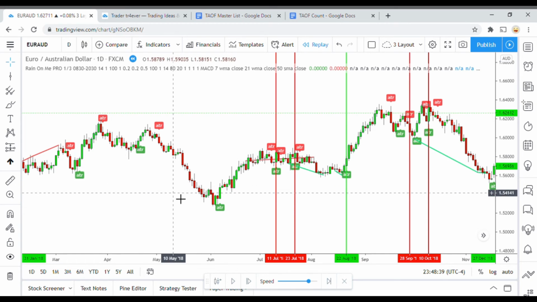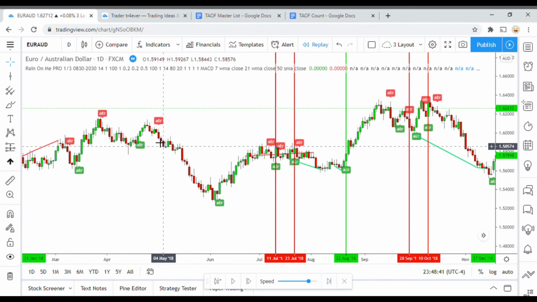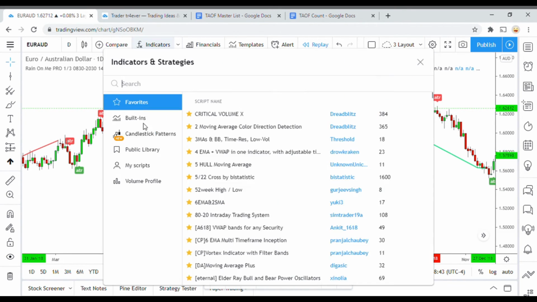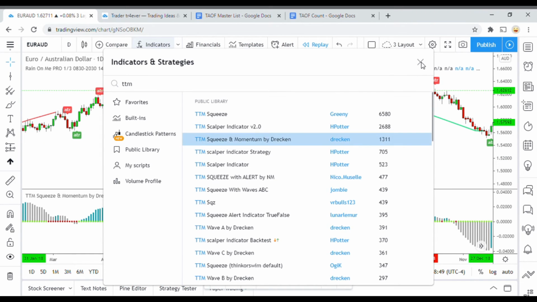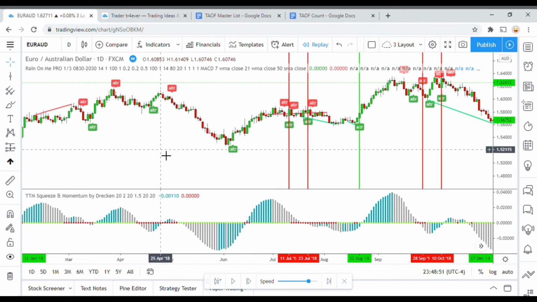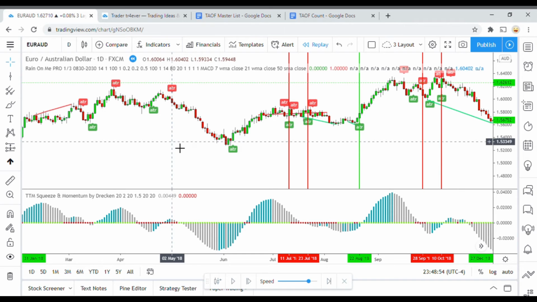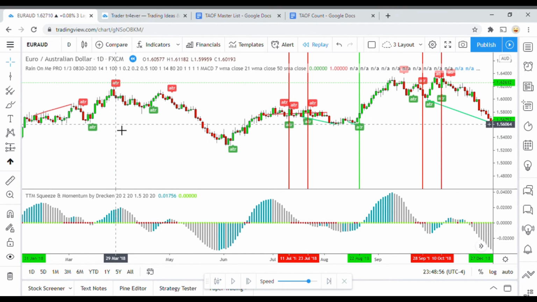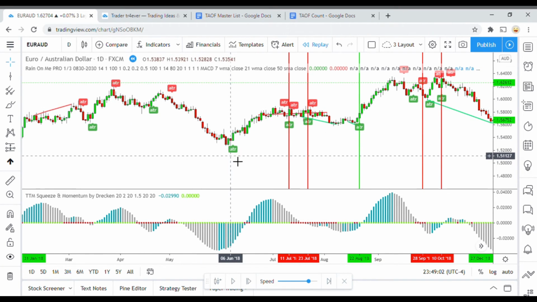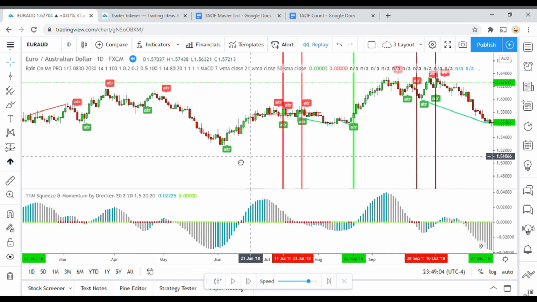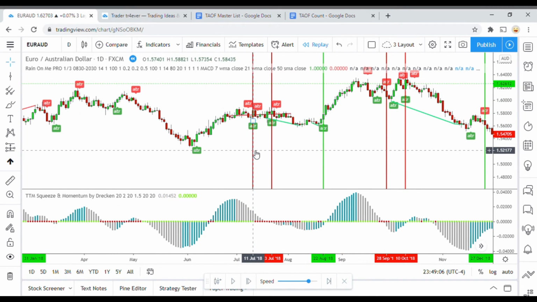And then throw something else on top of this to filter it out. Something like this, maybe. We would have picked up... Yeah, we wouldn't have quite got that one. We would have definitely got that one.